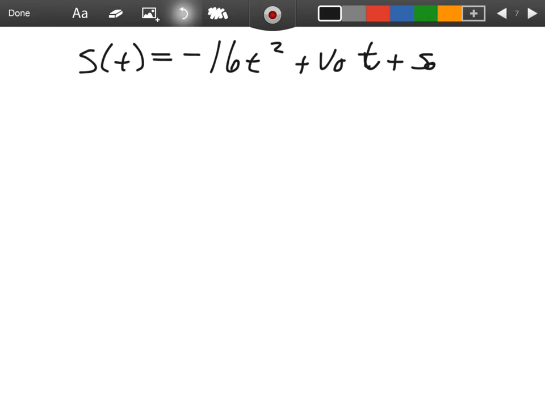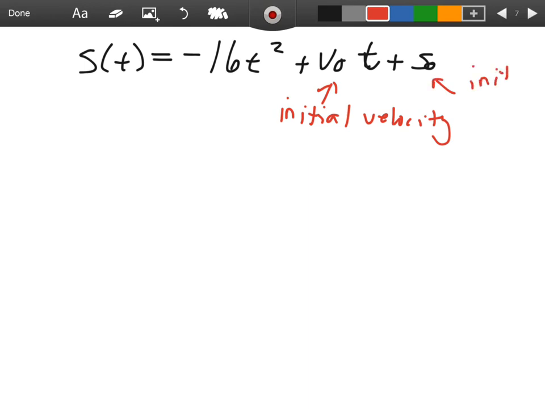This guy right here is initial velocity, how fast it's initially shot or thrown. And this is the initial height, how far it is above the ground that it will land on at the end of said time.